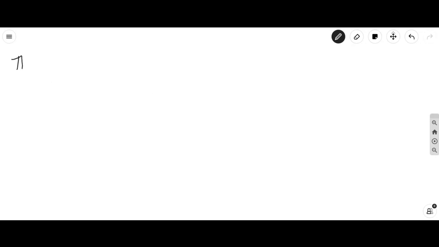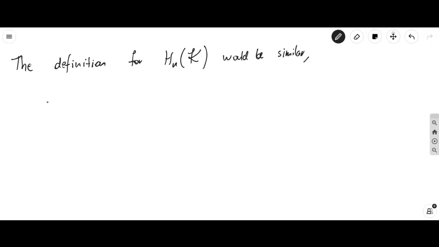So the definition for Hn of K would be similar to Hn of some topological space.